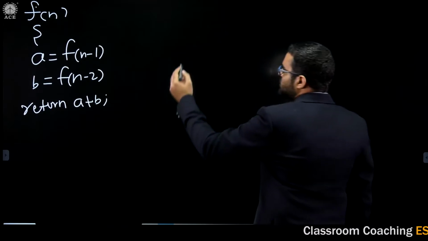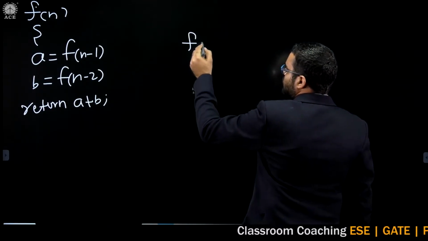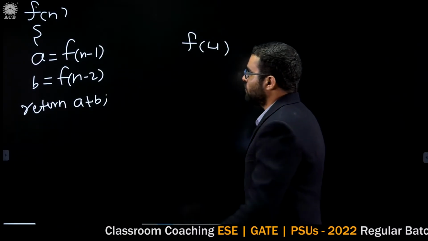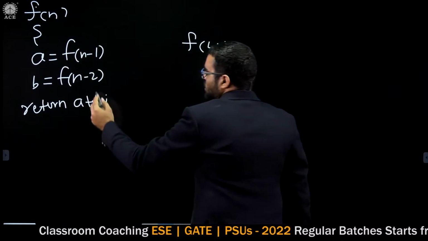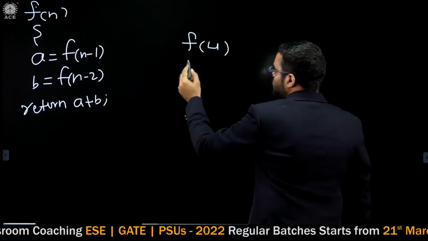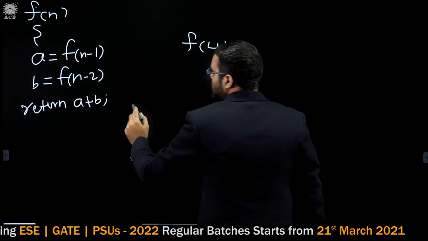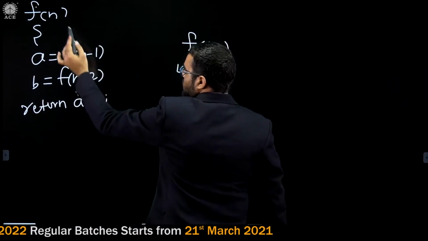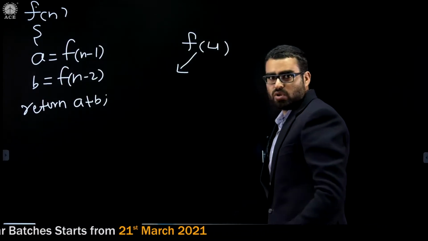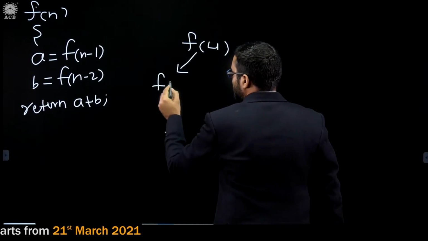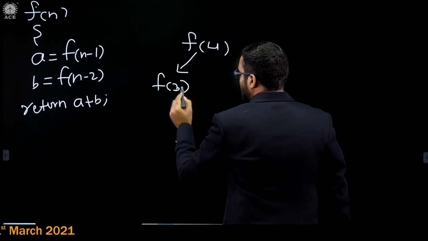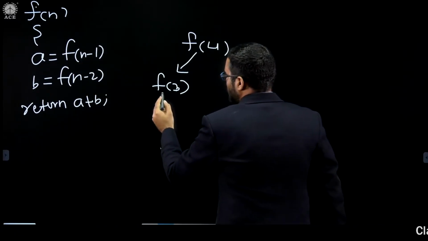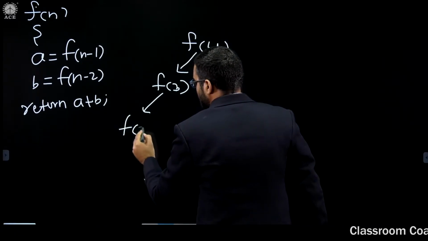Now let's compute F4. When we call F4, we will call F3, inside this F4. And when we call F3, then inside this F3, we will call F2.